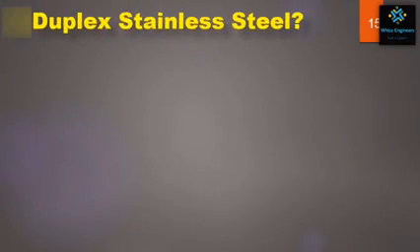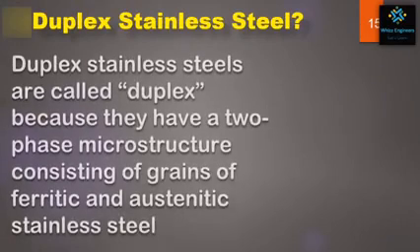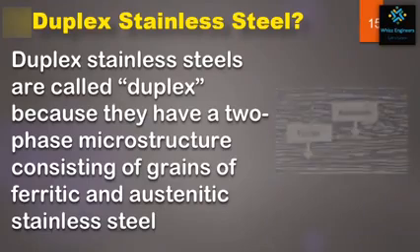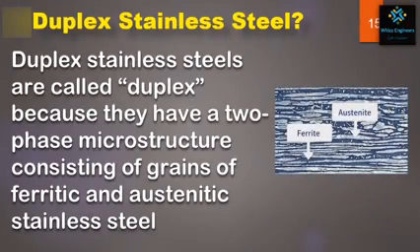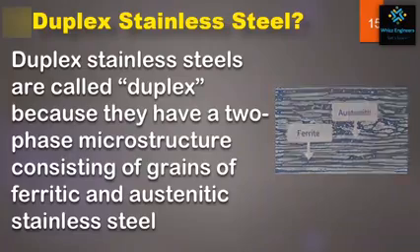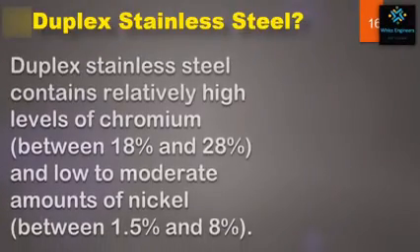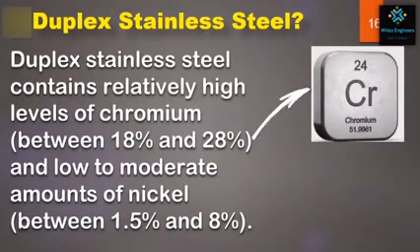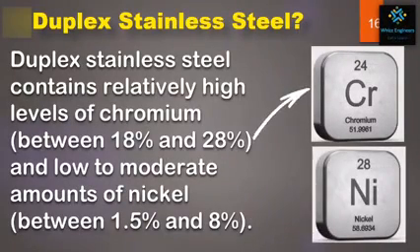Now next is duplex stainless steel. Duplex stainless steels are called duplex because they have a two-phase microstructure consisting of grains of ferritic and austenitic stainless steels. Duplex stainless steel contains a relatively high level of chromium, between 18 to 28%, and a low to moderate amount of nickel.